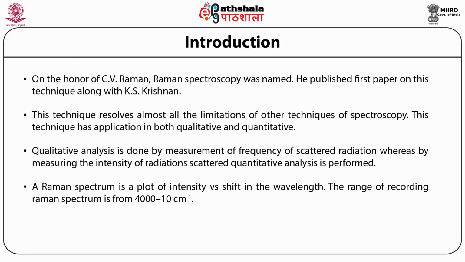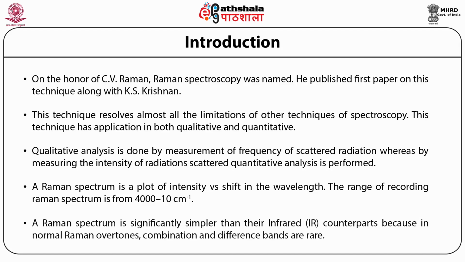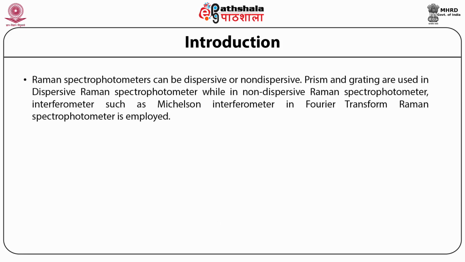The range of Raman active normal modes of organic molecules is 4000 to 400 cm inverse. A Raman spectrum is significantly simpler than its infrared or IR counterpart because in normal Raman, overtones, combination and difference bands are rare. Raman spectrophotometers can be dispersive or non-dispersive.